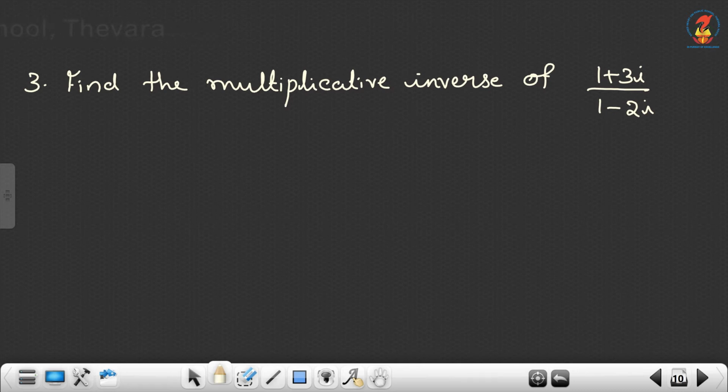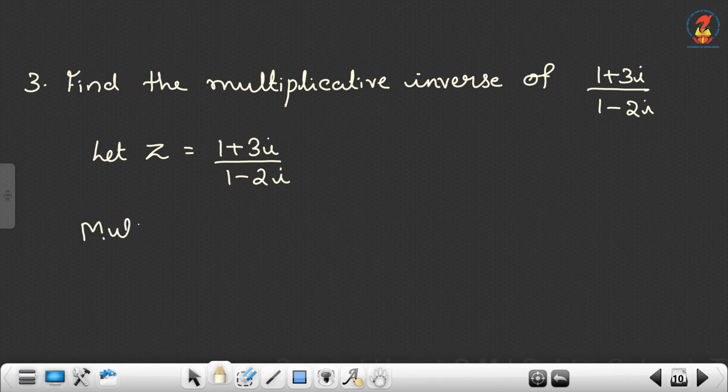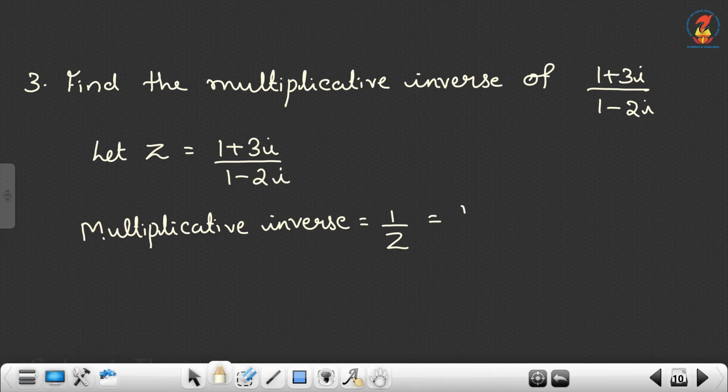The next one: find the multiplicative inverse of (1 + 3i)/(1 - 2i). So let z be the complex number (1 + 3i)/(1 - 2i). Its multiplicative inverse is 1 by z. So the reciprocal of (1 + 3i)/(1 - 2i) is (1 - 2i)/(1 + 3i).